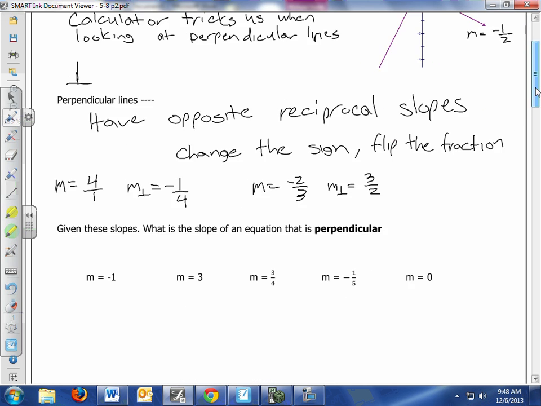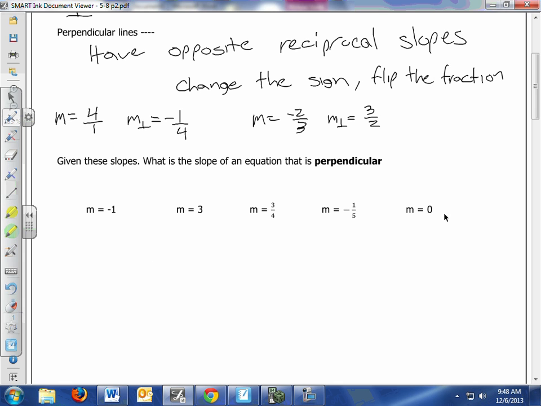All right. Here's 5 slopes. Give me the slopes of lines perpendicular to these 5 slopes.